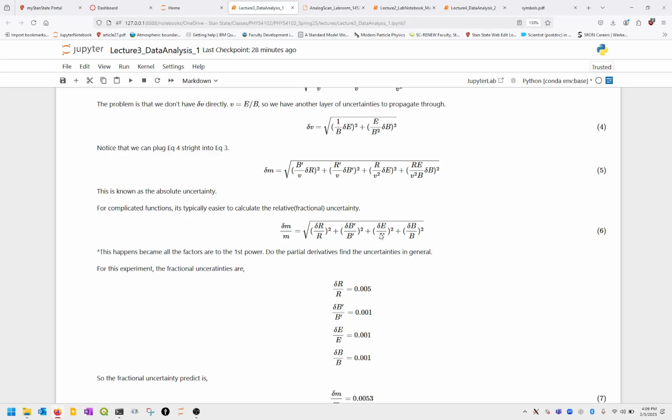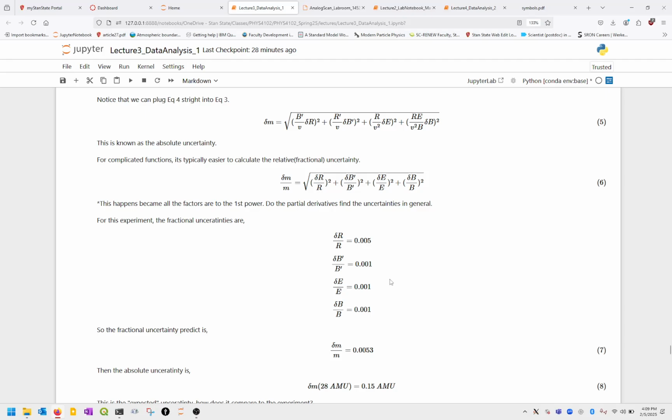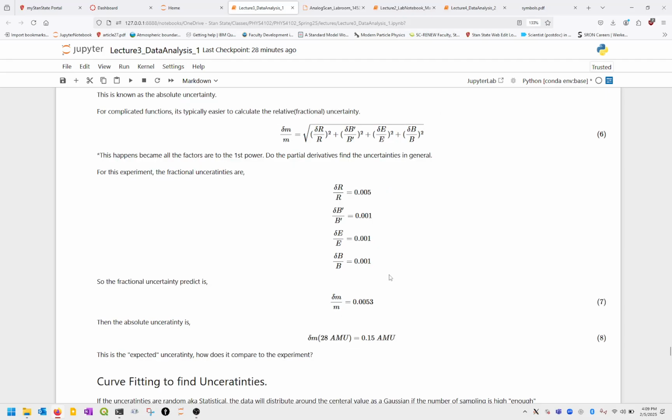Right? So if you look in the additional lab material that you look up, the rga.m.pdf, they'll tell you what the uncertainty on these measurements are, relative to their absolute, okay? So the relative uncertainty on delta R over R is about 0.5%, okay?